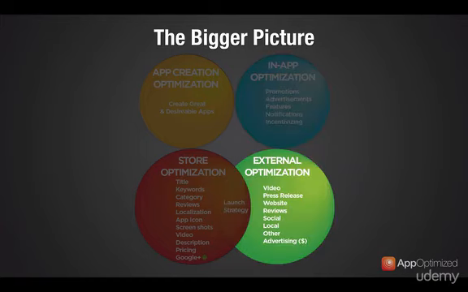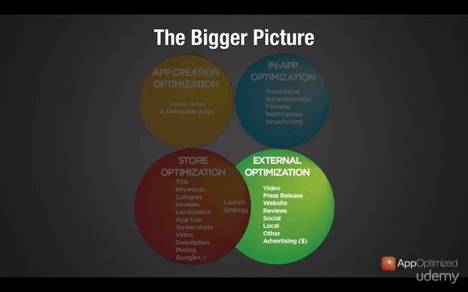And then down below in the green circle, there's external optimization. This is all the marketing and any type of promotion that you would do outside of the App Store. Examples may be videos that you might promote on YouTube or other video sites, creating press releases, building websites to promote the app, having reviews throughout the web, maybe bloggers that are reviewing your app, social media like Twitter or Facebook where you're promoting your app, local advertising, and then there's also paid advertising, and I'm sure there's others as well.